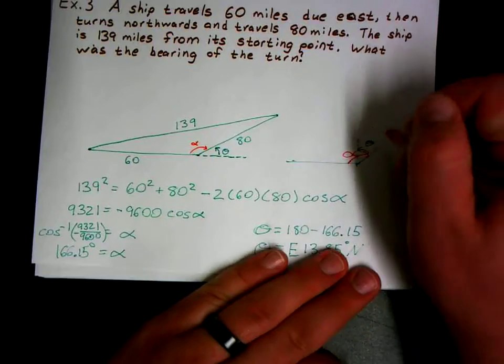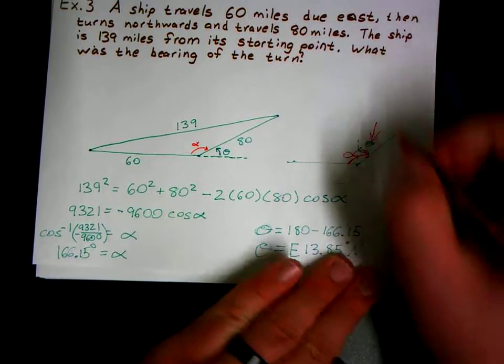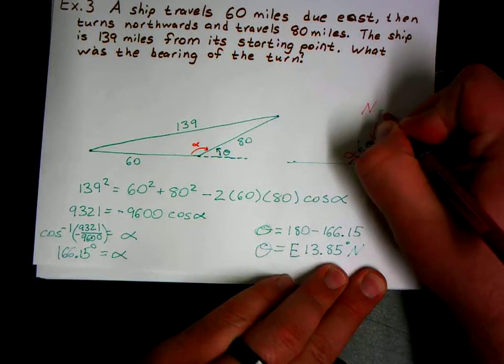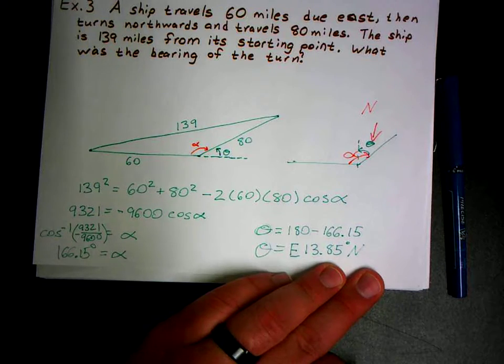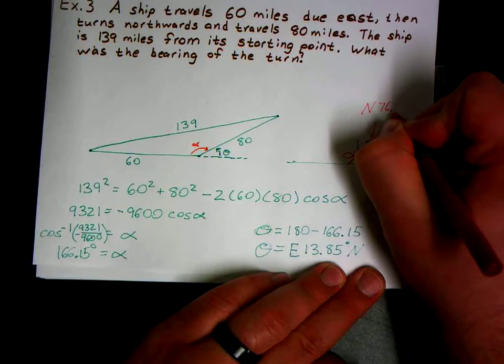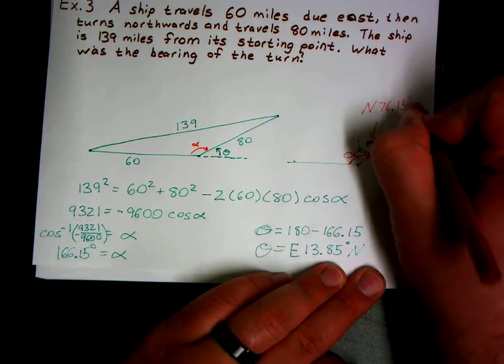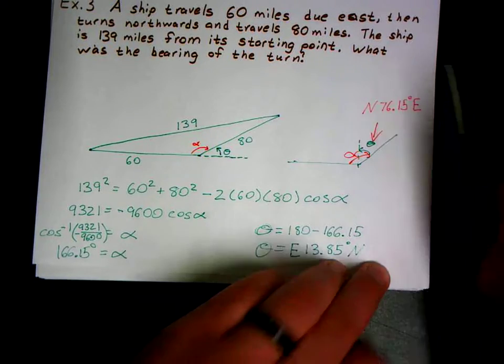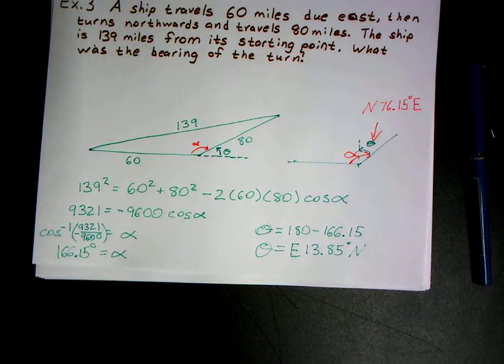If I did this one over here, I would do north 76.15 degrees east. So on the test, I would be looking for either one of those angles with the proper lettering with them.